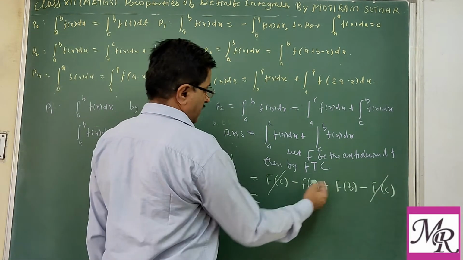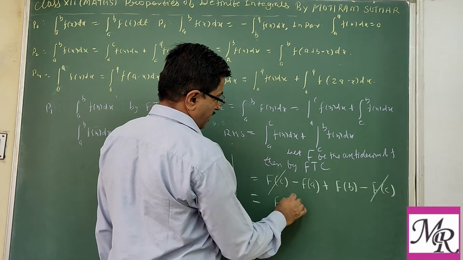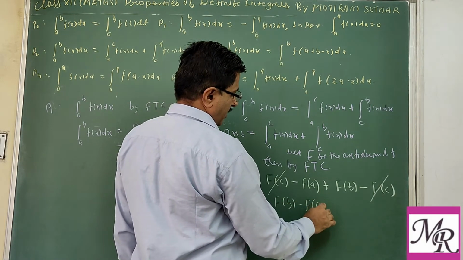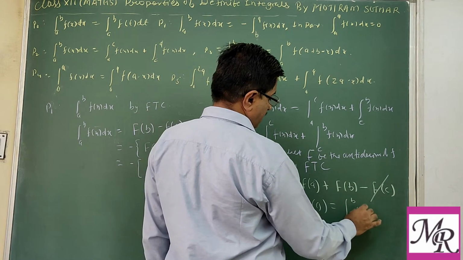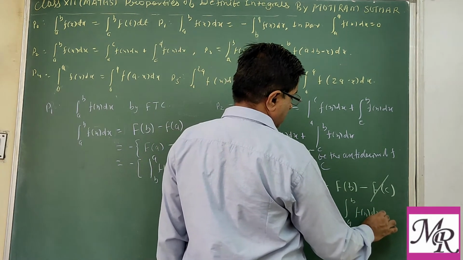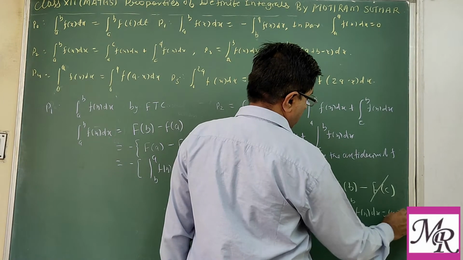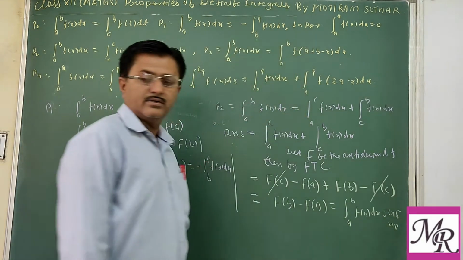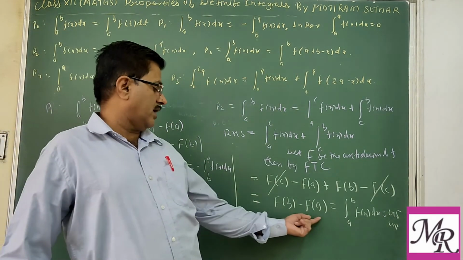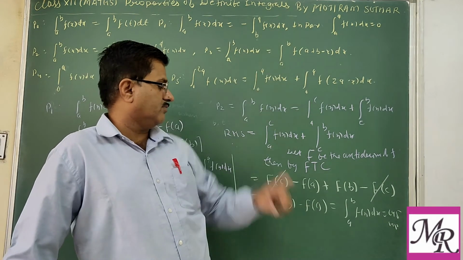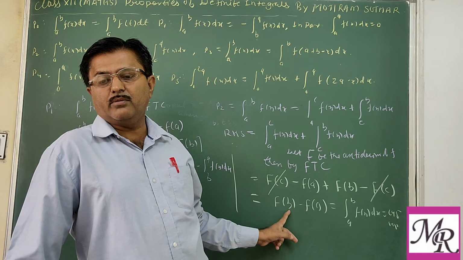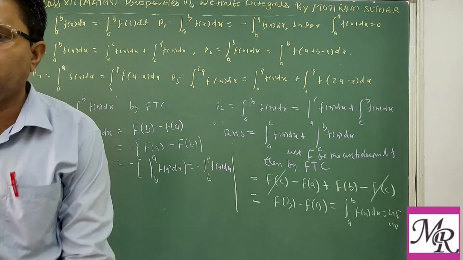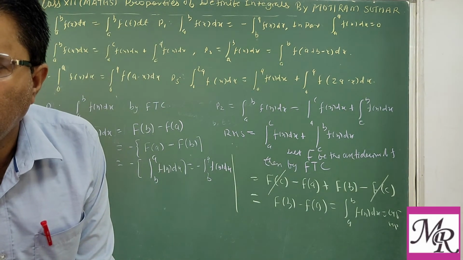So finally what we get is F(b) minus F(a), which is the value of the integral from a to b of f(x) dx, equal to the left hand side. Clear? F(b) minus F(a) is the definition of the definite integral: the antiderivative at the upper limit minus the antiderivative at the lower limit.